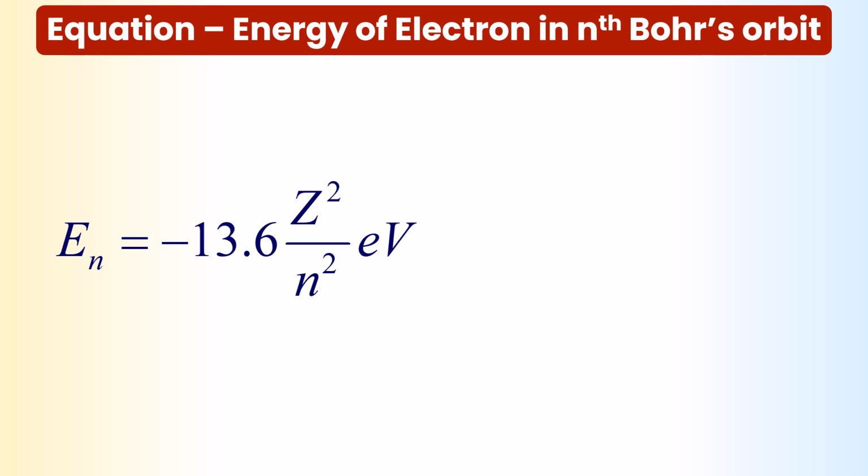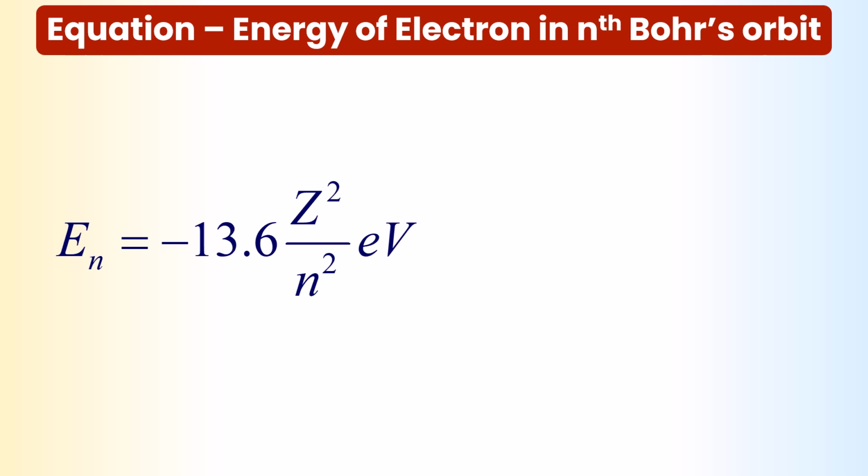Now, let us see the shortcut formula used to calculate the energy of an electron in an atom. The energy of an electron in the nth Bohr's orbit is given by the formula En is equal to minus 13.6 into Z square divided by n square electron volts.